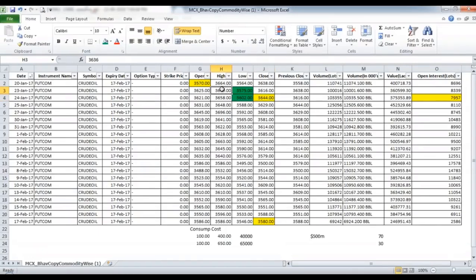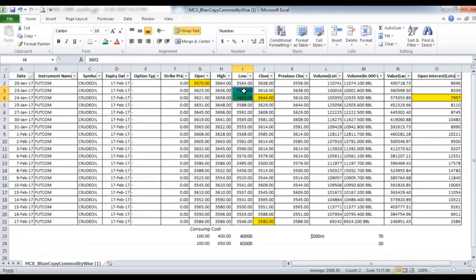Did it break out and close above this with a fall in open interest? Is it a buying situation, right? Yes, it's a buying situation. Now, if it is a buying situation, these two lows, this low and yesterday's low, which is a higher low and a higher high, tell me something, will these two lows act as support by default?